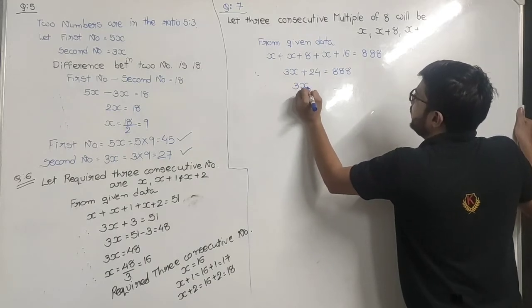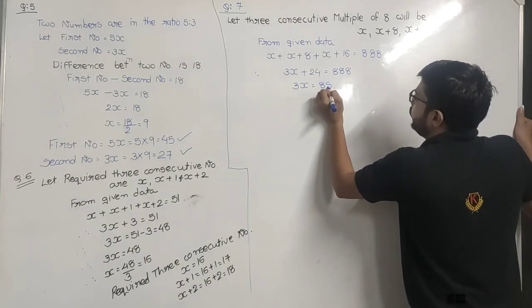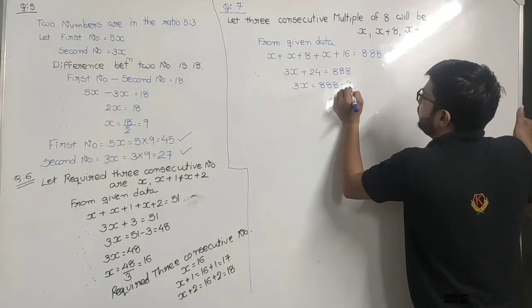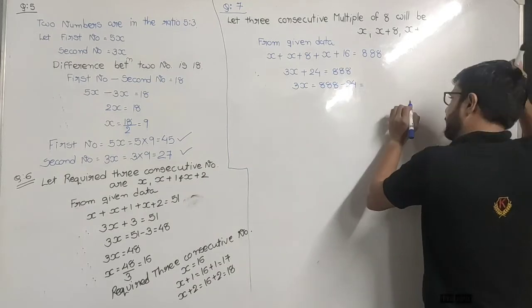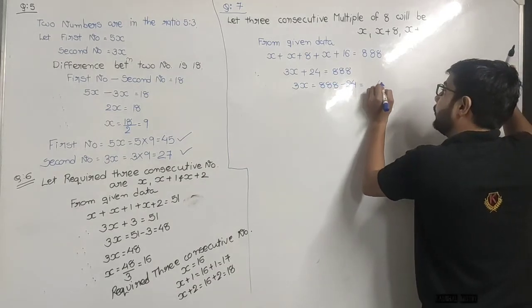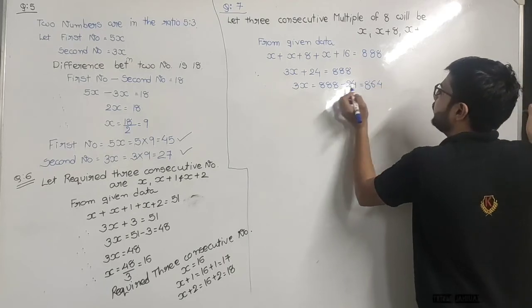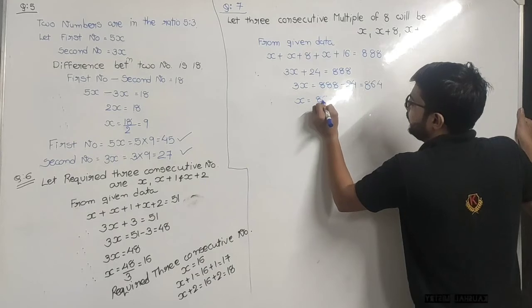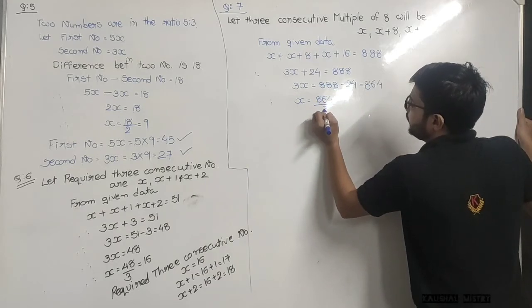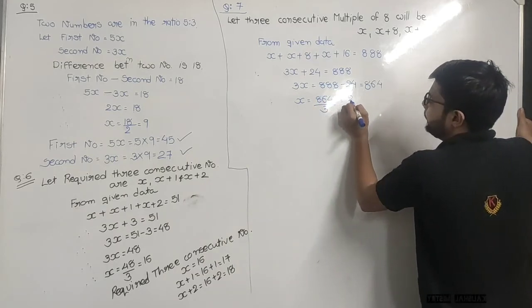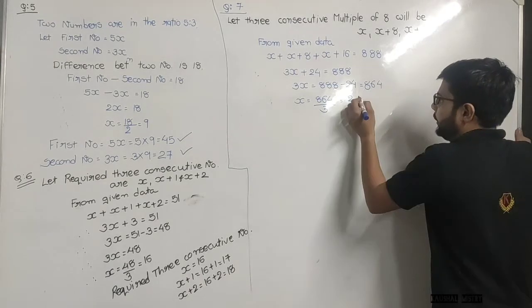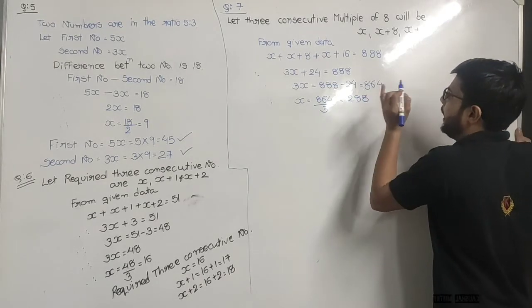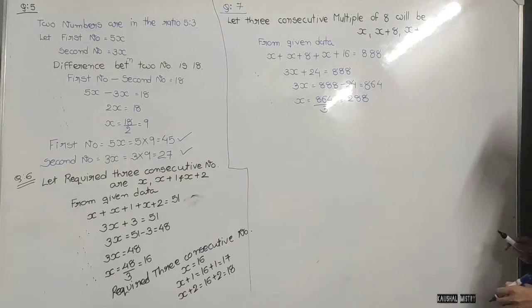So 3x will be 888 minus 24, and that is equal to 864. Therefore x is equal to 864 divided by 3. 3 8s are 24, so the answer for x will be 288.